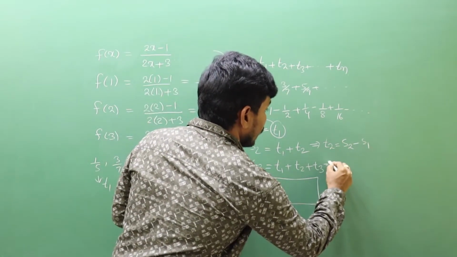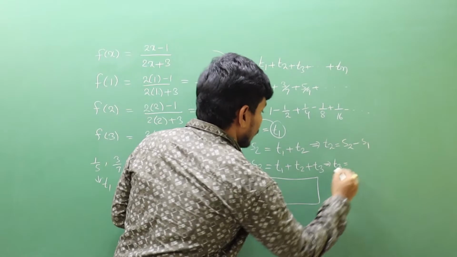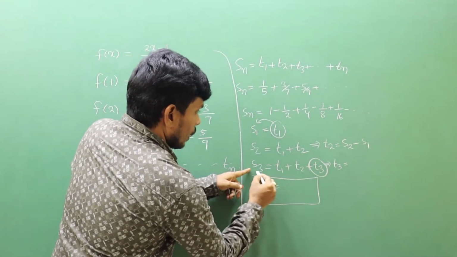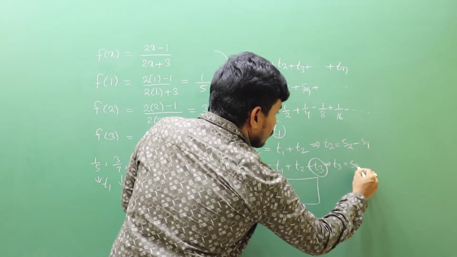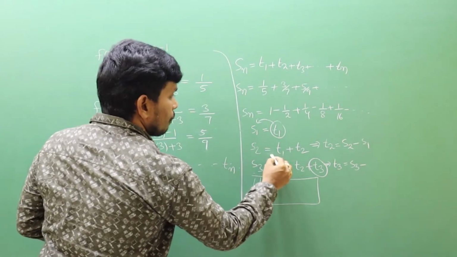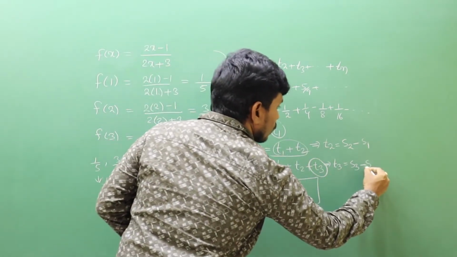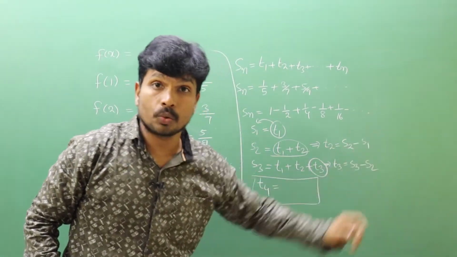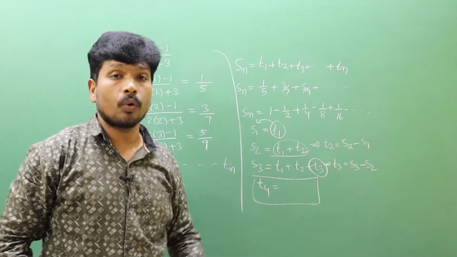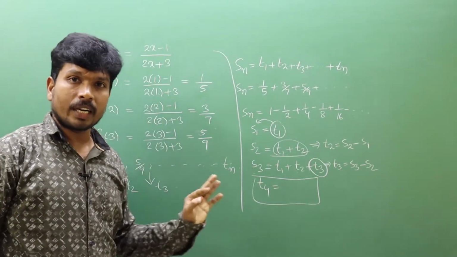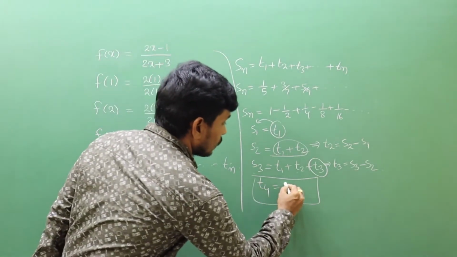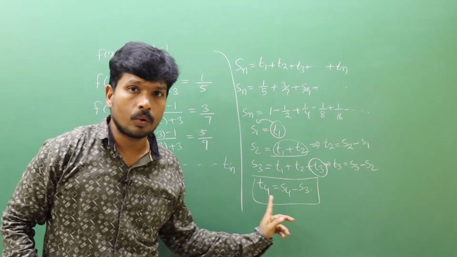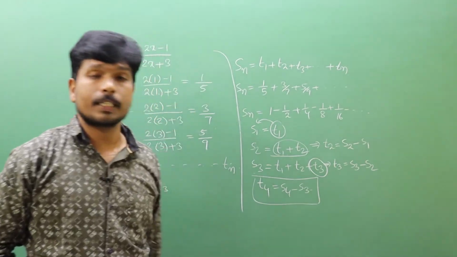Now observe here, T3 is nothing but a sum of the first three terms minus sum of the first two terms. So T3 is equal to S3 minus S2. What is meant by T4? Yes, fantastic. Your answer is correct. S4 minus S3. T4 is equal to S4 minus S3.